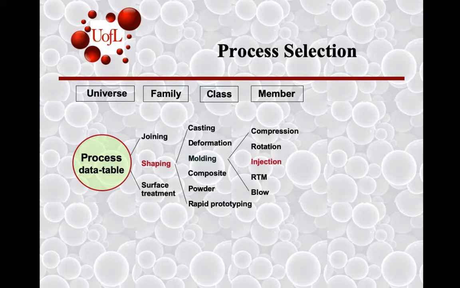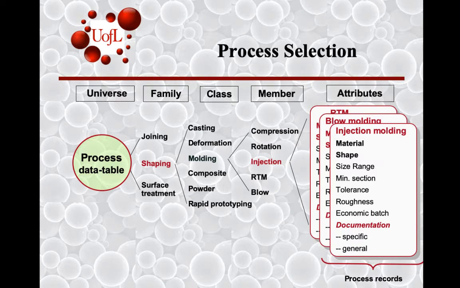Molding has variations such as injection molding, blow molding, compression molding, and there are certain attributes that constrain the choice of manufacturing process, in terms of not only the geometrical limits that can be made, but the economic batch size. This is a consideration that we will take into account during the course of today.